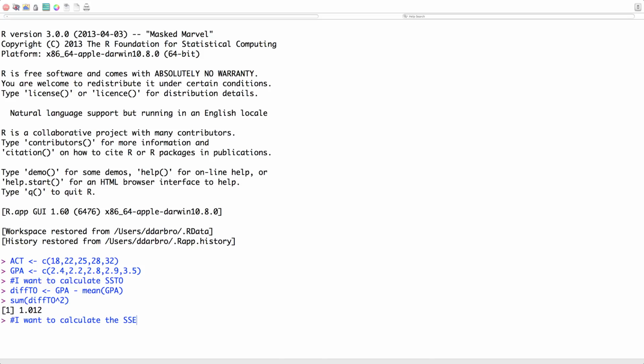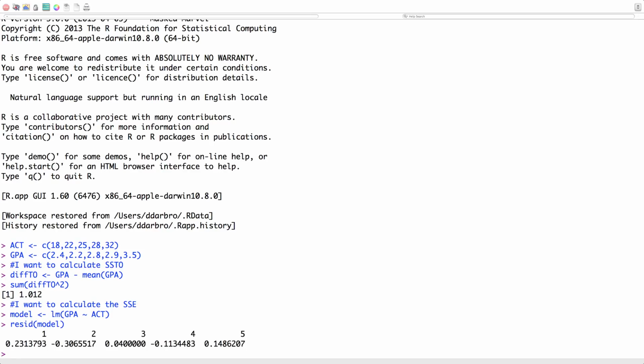Now the next thing I want is the sum of squares for the error. Remember the error is really the sum of the squared residuals. So probably the easy way to do this is to calculate our model, so we want GPA to be predicted from ACT. Then we can just get our residuals.